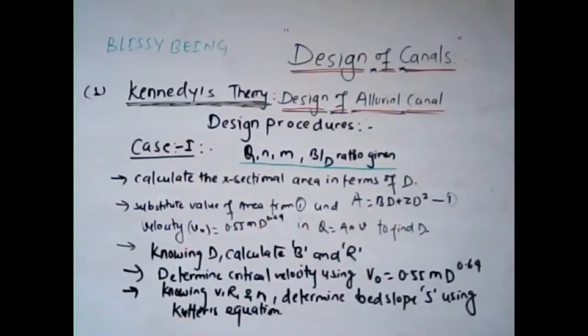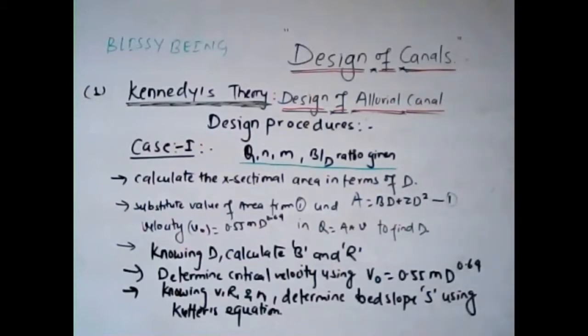After determining D, you need to calculate the bed width B and the hydraulic radius R. Then we need to determine the actual critical velocity V naught from the formula V naught equals 0.55 m D to the power 0.64.